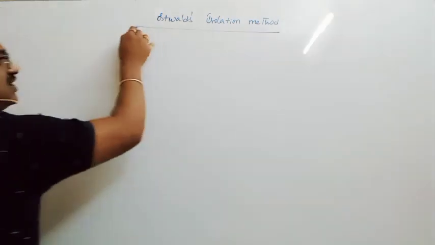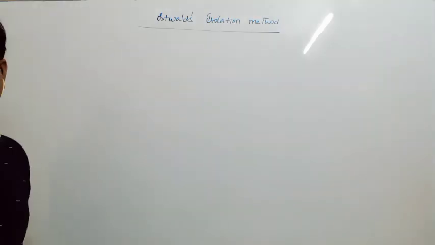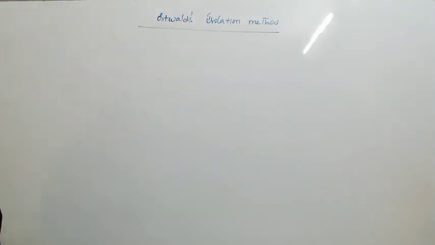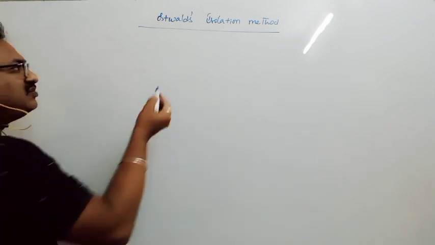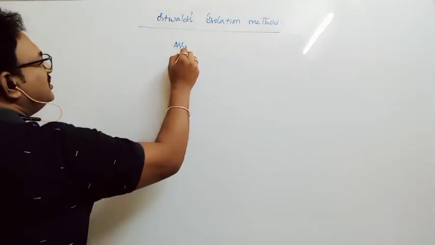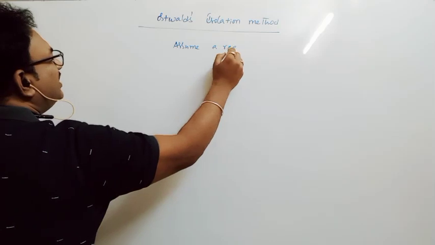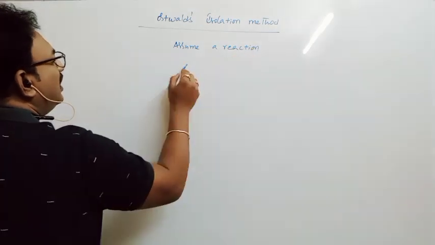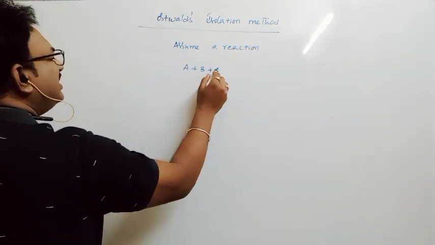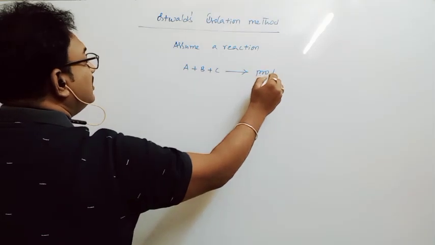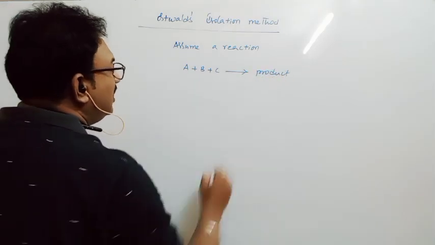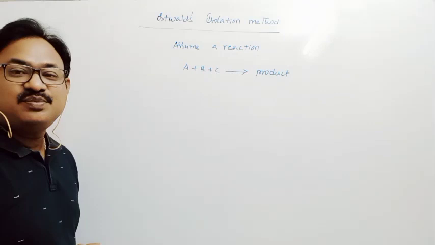Sir, what is this method? How can you predict order in Ostwald's isolation method? Now you have to assume a chemical reaction like this. You just assume a reaction: A plus B plus C gives rise to product.